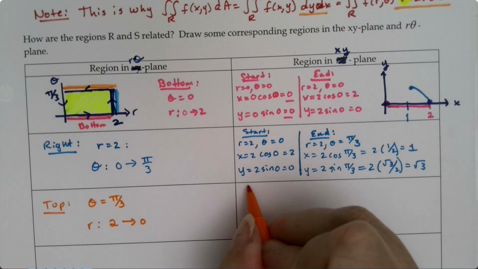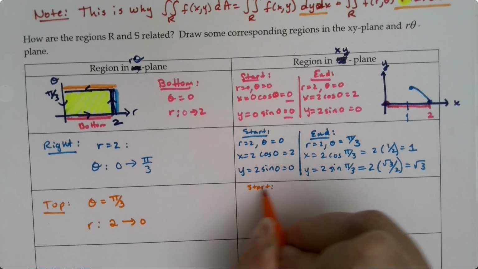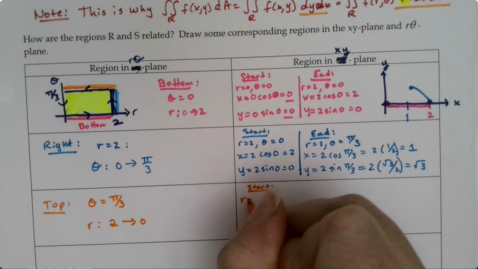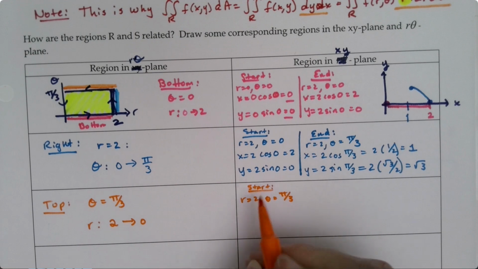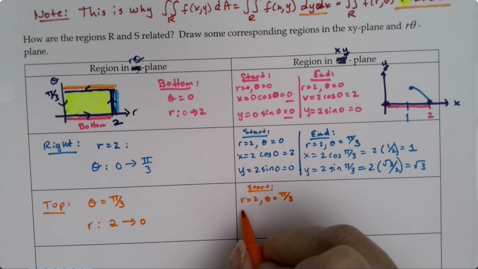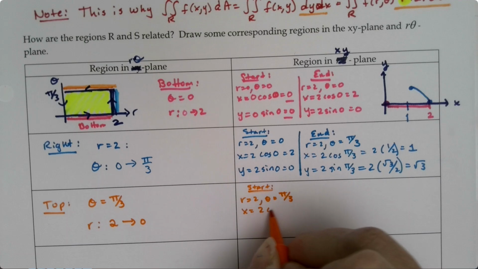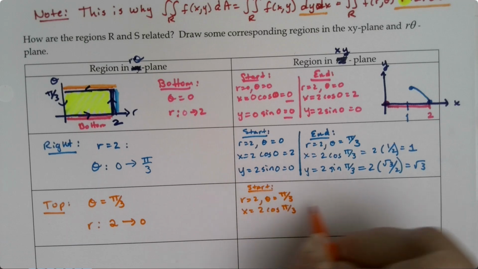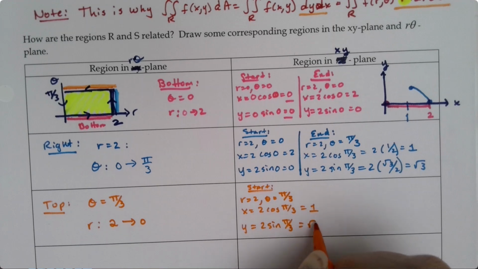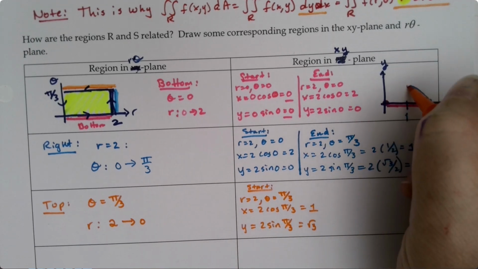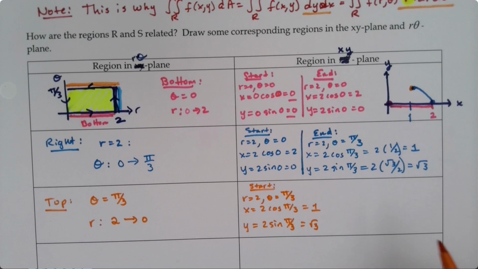Okay, so let's think about the start here. At the start, r equals 2, theta equals pi over 3. That means x equals 2 cosine of pi over 3, which we already know is 1, and y equals 2 sine of pi over 3, which we already found. So we start at the same spot we just ended in, which is great.